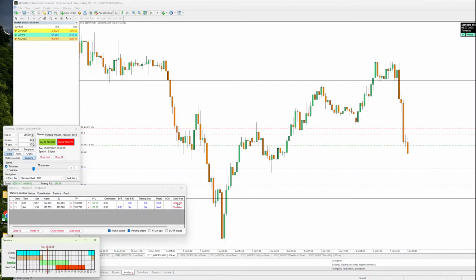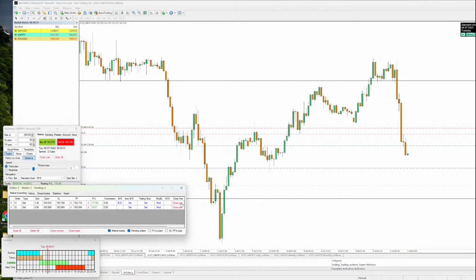$30 is closing. Oof, perfect. Close 80%, 90% on this position. Yeah. Close 30% in this position.